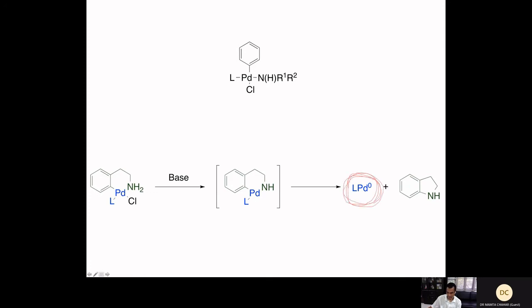How you generate ligand palladium 0 species is demonstrated over here, where you see that from palladium 2 you generate palladium 0, where you sacrifice a little bit of this, like 1% of this, and you get 1% of that. Fantastic. And then you go on with your life of generating exciting molecules from the palladium catalyzed carbon nitrogen bond formation reactions.